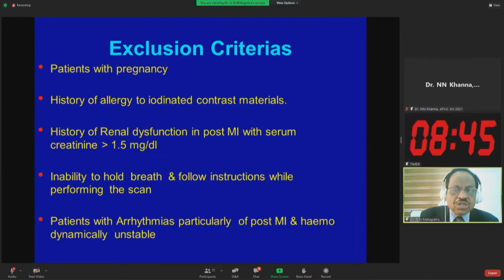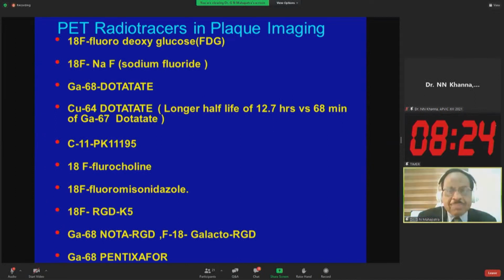So what are the exclusion criteria? Patients with pregnancy, of course, history of allergy to iodinated contrast material, history of renal dysfunction, in post-MI with serum creatinine more than 1.5 mg per deciliter, inability to hold breath, patients with arrhythmia, particularly post-MI, and hemodynamically unstable patients.